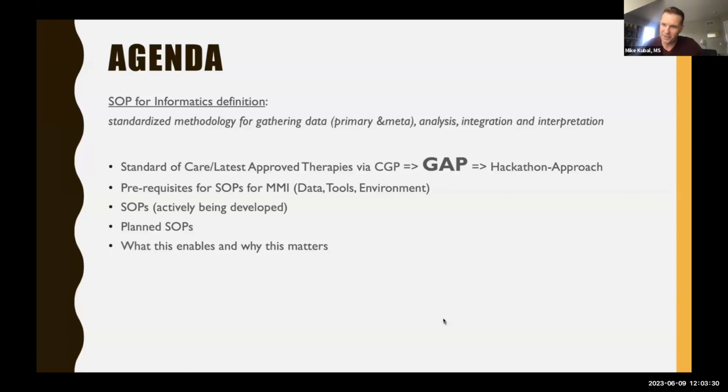And so basically where I propose that we start off is really with where the standard of care and the latest approved therapies leave off. And really, I was at ASCO last weekend, and one of the things that Illumina was advocating for and providing education about, as well as a lot of the other folks at the conference, was comprehensive genomic profiling.